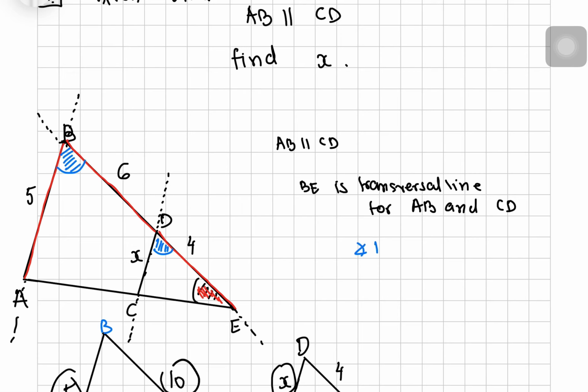So we can conclude that the angle at B is the same as angle at D.